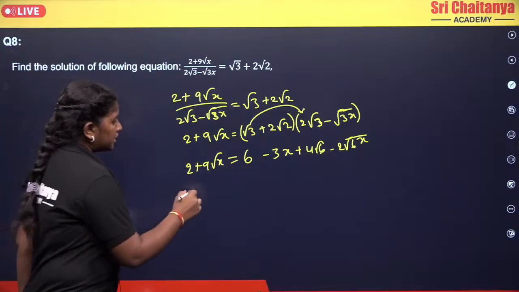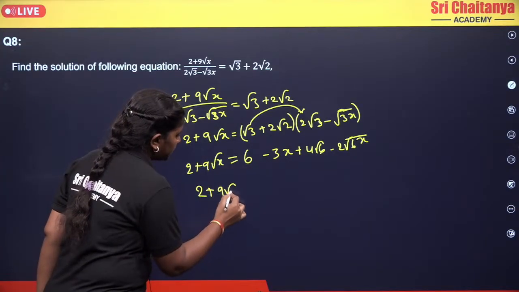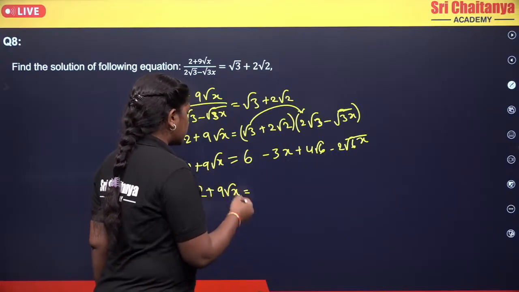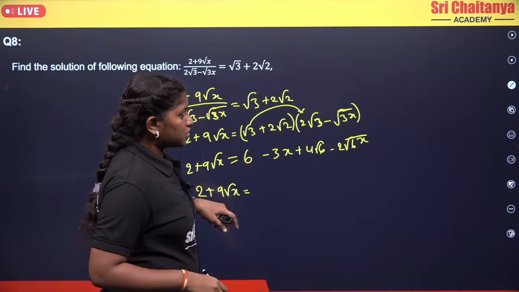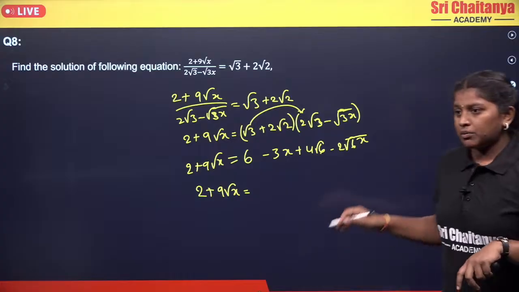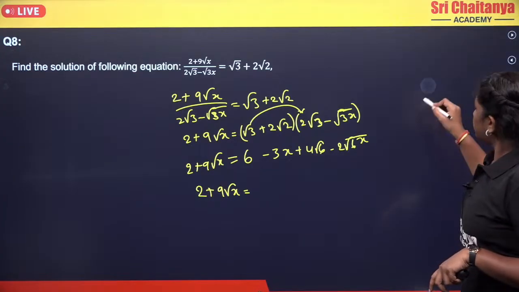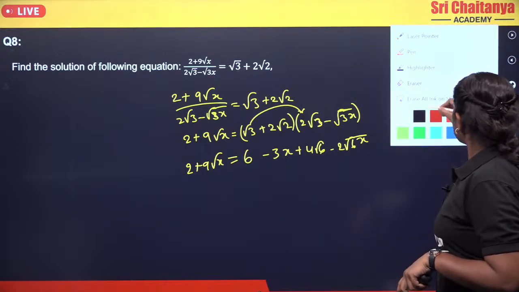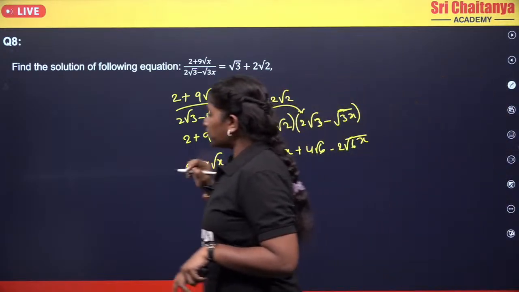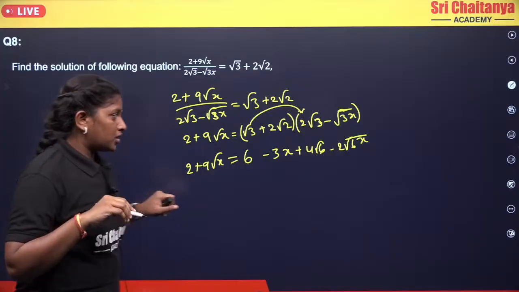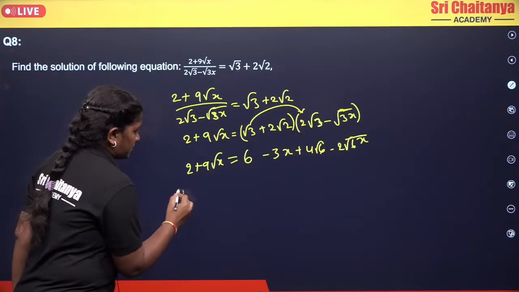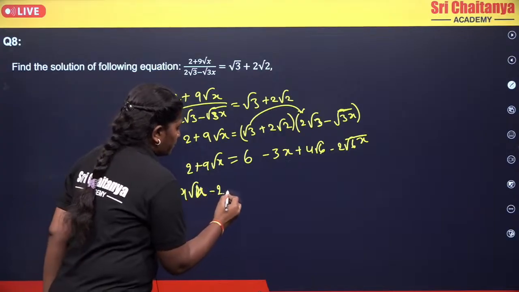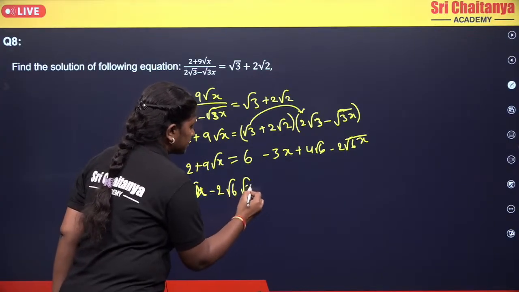So if you solve it, we will get 2 plus 9 root x is equals to, so 6, after just doing the calculation, just bring all the terms to the one side. So just bring your 2 root 6x also here. So that becomes your 9 root x minus 2 root 6 into root x.